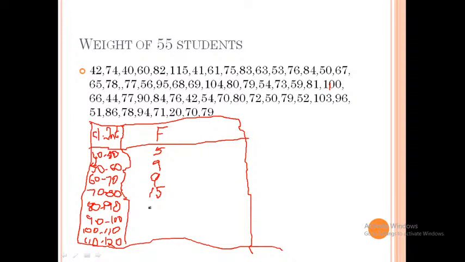Then 80 to 90, it is 8. We have to count and find. Then 90 to 100, it is 4. Then 100 to 110, it is 3. And 110 to 120, it is 2.